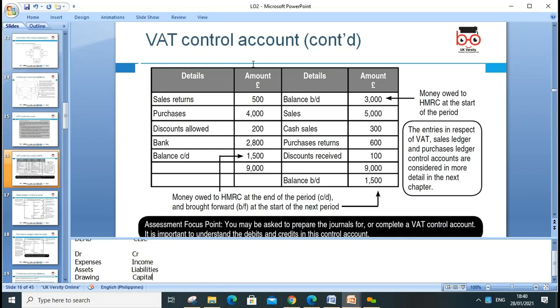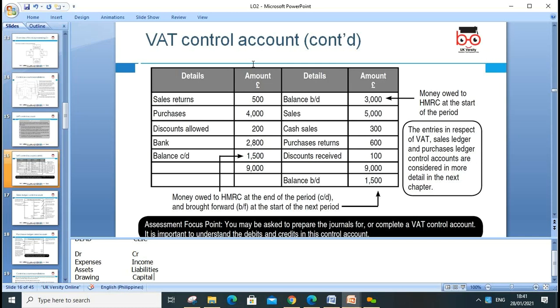Capital, yes. So whichever side that CLICK item goes, the VAT goes on the same side. Sales go on which side? The credit side, and the VAT on sales goes on the credit side. Cash sales, credit side.